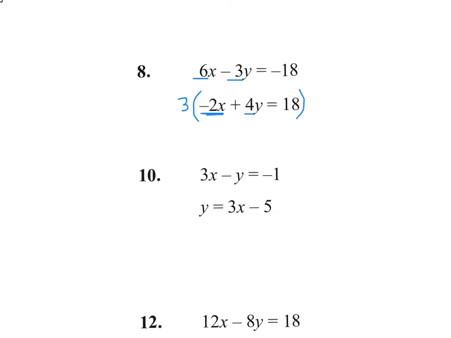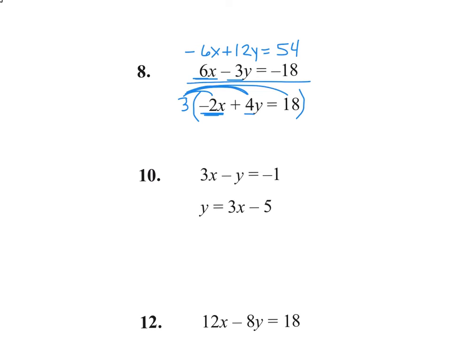That will give me a negative 6x, which is the opposite of this 6x. So I'm going to distribute this, and I'm actually just going to write it up above. So this would be a negative 6x. This would be 12y, so plus 12y equals, and then 18 times 3 is 54.